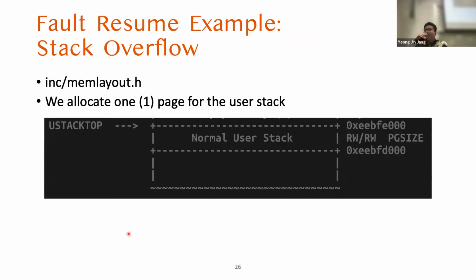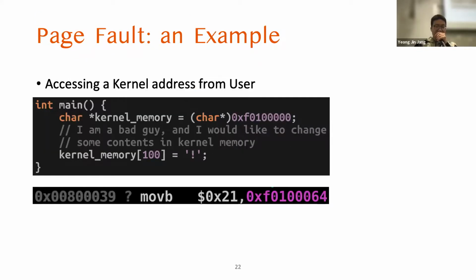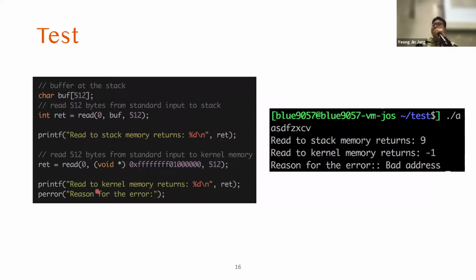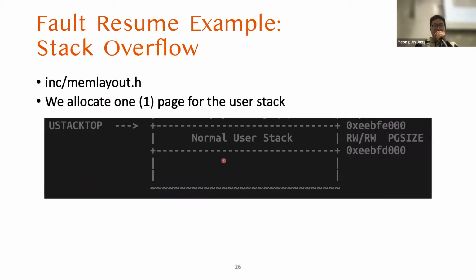So I believe most of the students here have finished lab 2. And in lab 2, when we build the JOS memory layout, we allocate the stack. That part is a kernel stack, but in JOS lab 3, we also need to allocate the user stack. And that will be used by the program whenever we execute it, so that a buffer, say 512 bytes, needs to be stored in this stack.